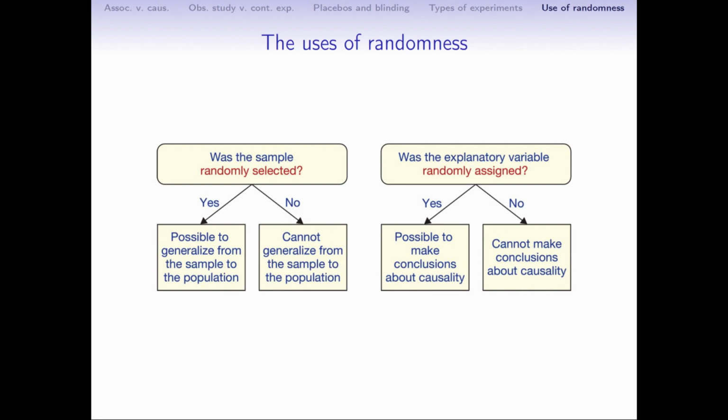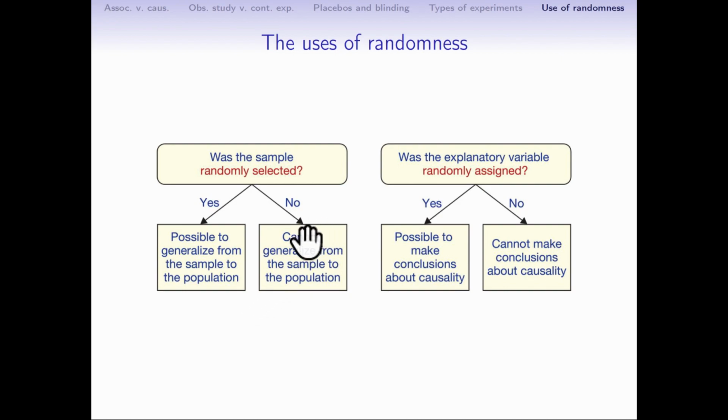Now let's look at the ramifications. Depending upon how we answer this question, we'll see how that affects our results. If the answer is yes, if you were very careful about randomly selecting your sample from the population, then it is possible to generalize from the sample to the population. So you can make that inferential leap from the sample to the population.